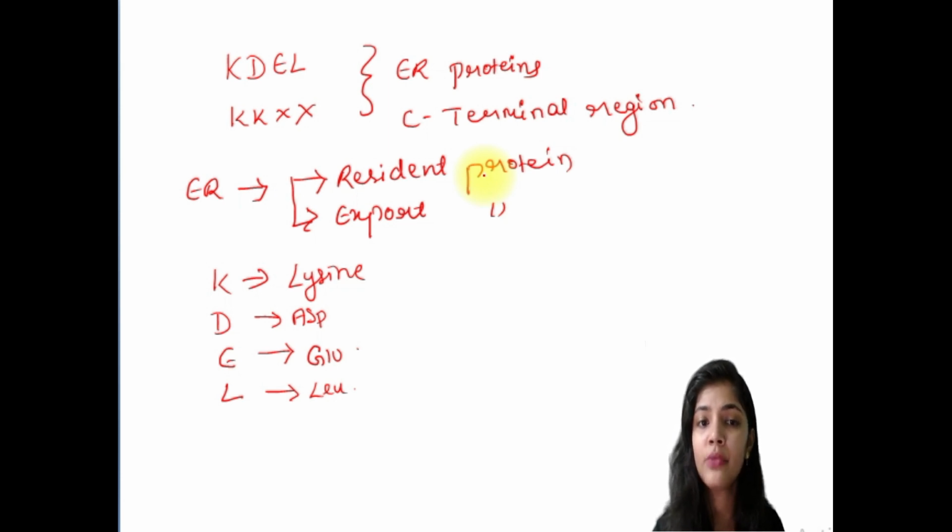And the proteins which are present in the endoplasmic reticulum have two types of signals. They are the KDEL and KKXX signals, and these signals are present in the C-terminal region. Now, what does KDEL stand for?